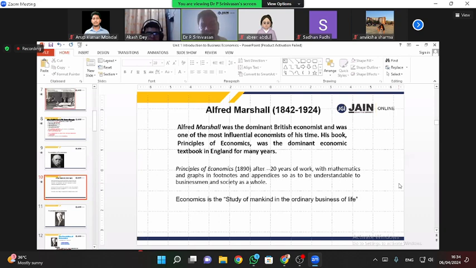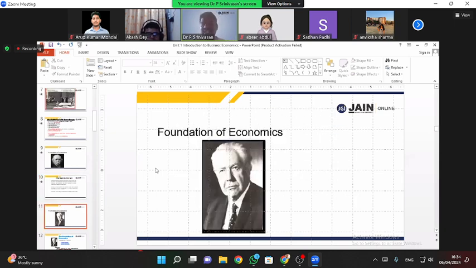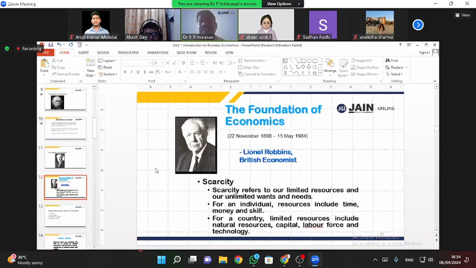But here it is mentioned, Alfred Marshall: economics, the study of mankind in the art and business of life. Okay, fine. So two definitions. The first definition is related to Adam Smith, who emphasized wealth, and Alfred Marshall emphasized welfare. Let me go to the third one, already discussed sufficiently, which pertains to Lionel Robbins.